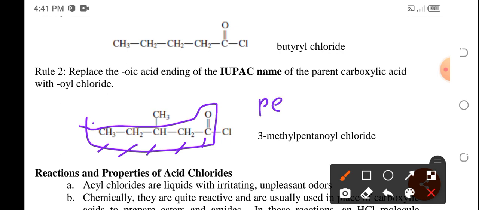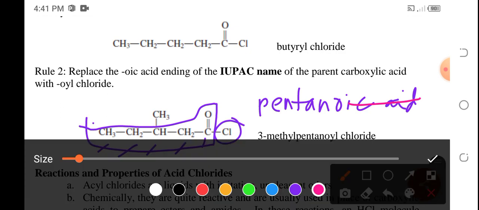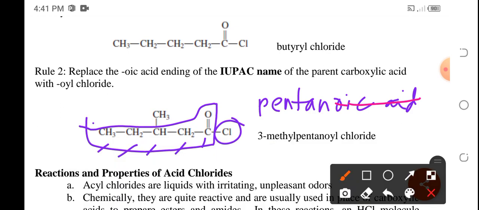Originally, it is pentanoic acid, but since there's the chlorine there, we are going to drop the OIC acid and add OYL. So that would be pentanoyl. Pentanoic acid then becomes pentanoyl. Of course, the chlorine group is chloride.